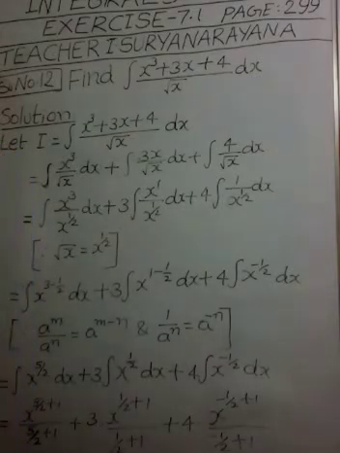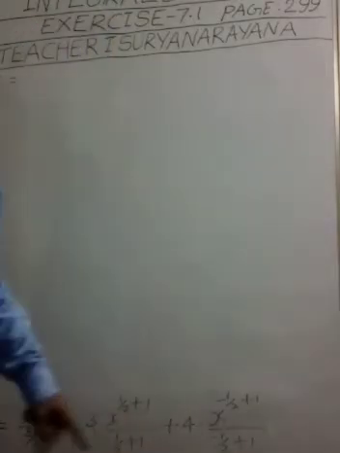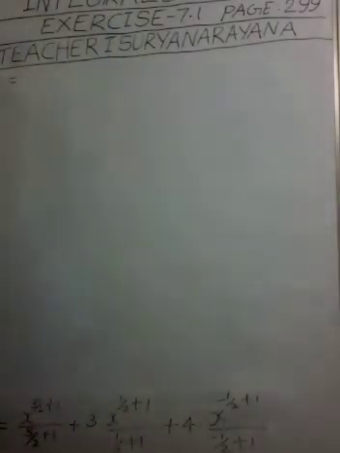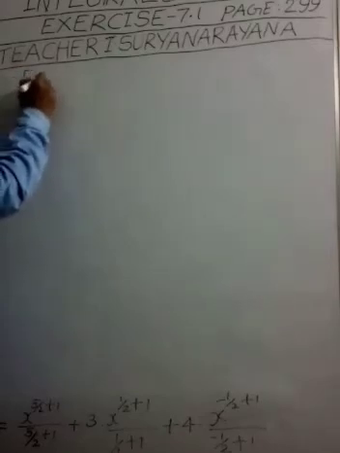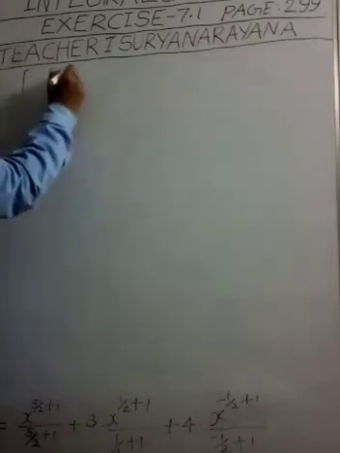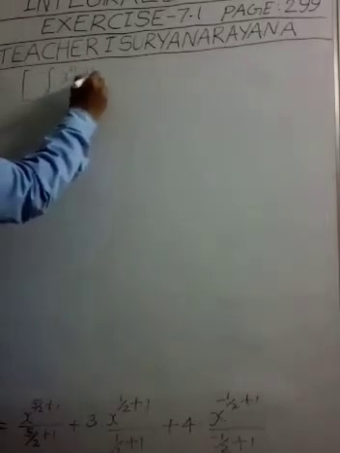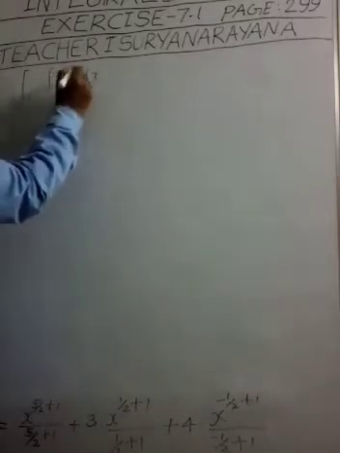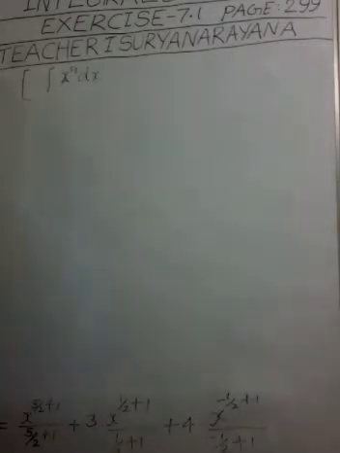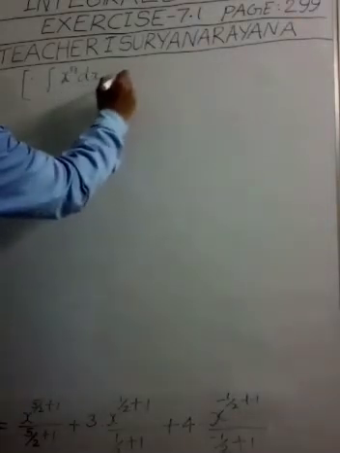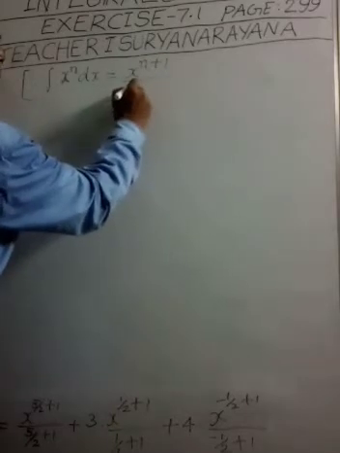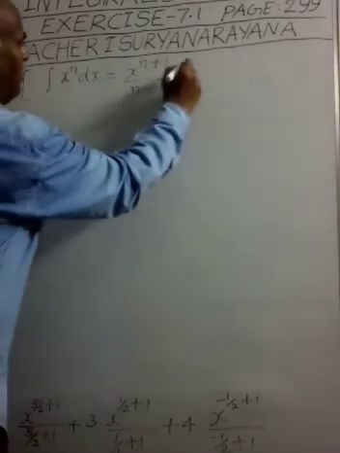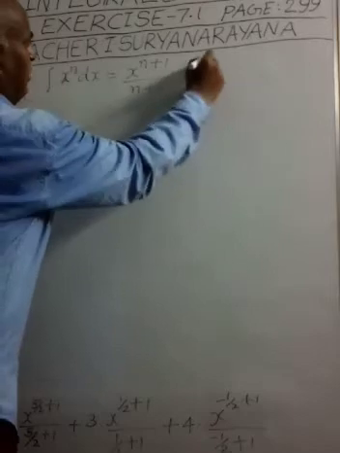Understood this step? Right. Now what is the formula we usually use? Integral x to the power of n dx, that is equal to x to the power of n plus 1 by n plus 1, plus c.